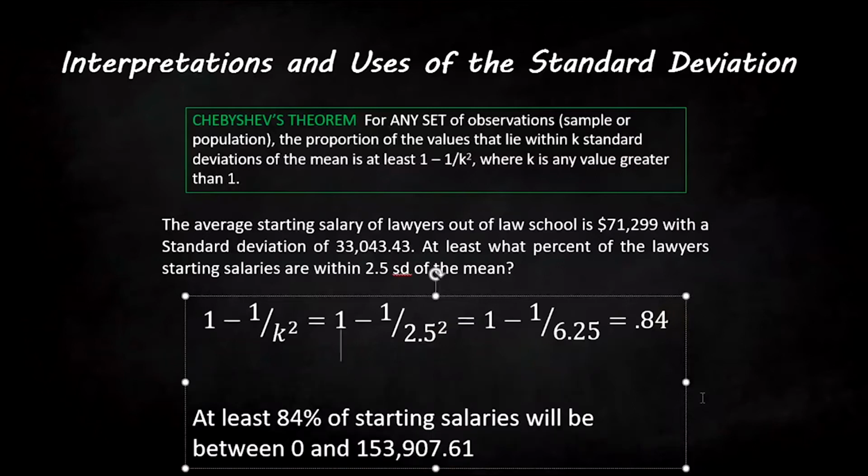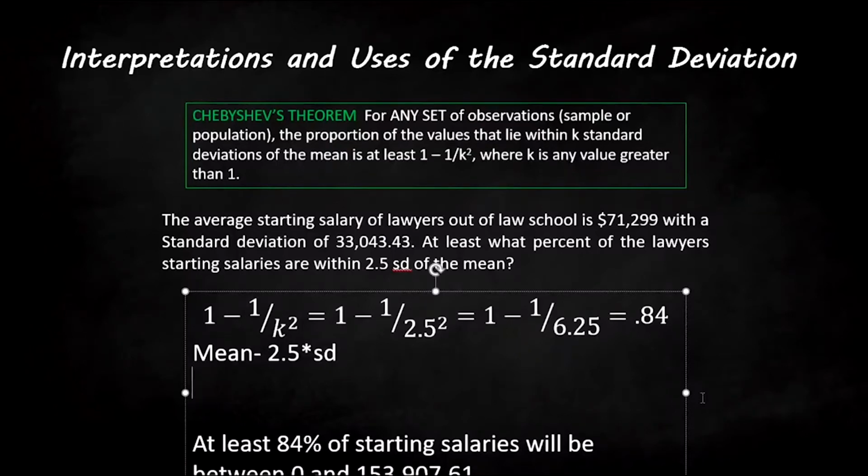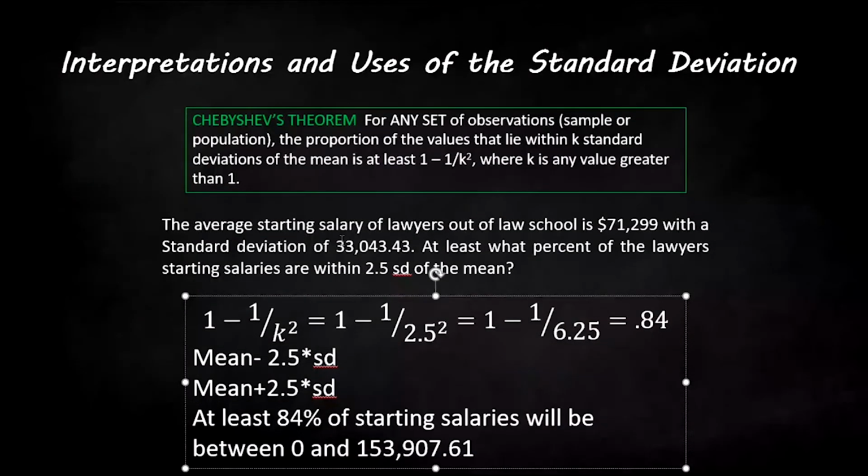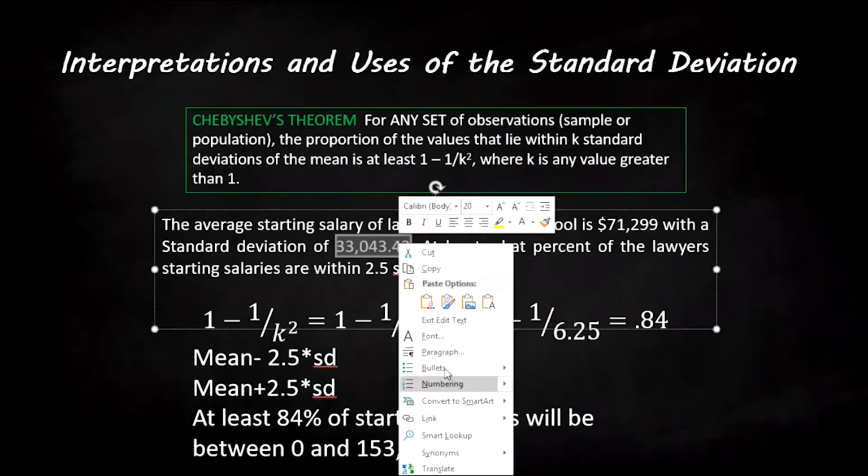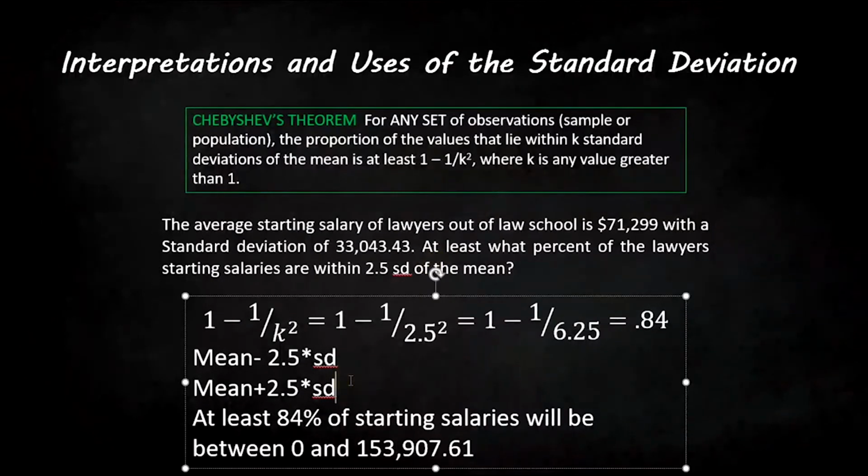is come down here and do 2.5 multiplied by the standard deviation, and then we're going to take the mean minus 2.5 standard deviations, and then the mean plus 2.5 standard deviations. The standard deviation is right here, which is a very large standard deviation, and I'm about to show you in just a minute why that's so large.